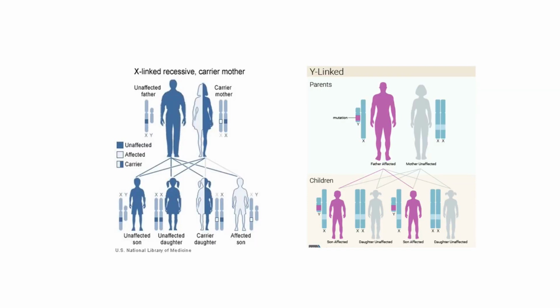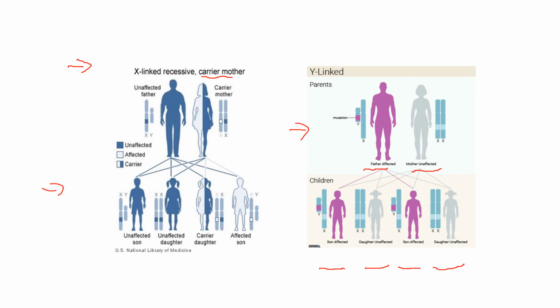Here you can see an example of an X-linked trait when we have a carrier mother, the one that we described in class with color blindness and with the other examples. However, you can also have X-linked traits, and you can see here the effects of crossing a father that is affected with a mother that is not affected.